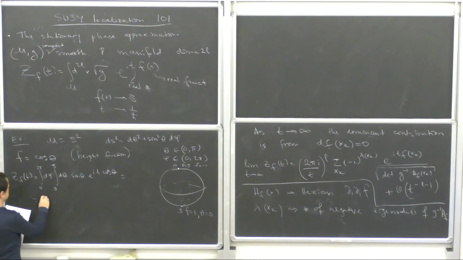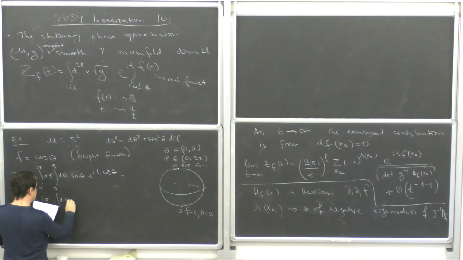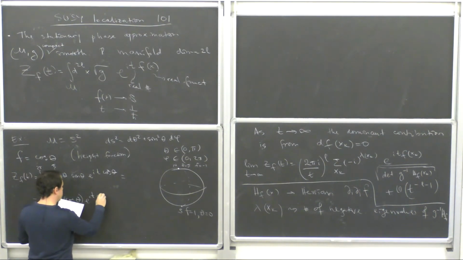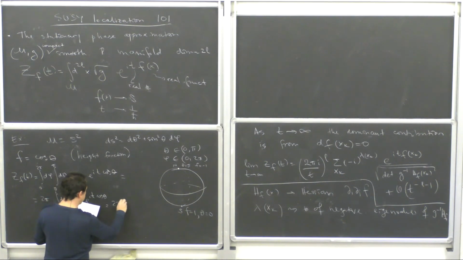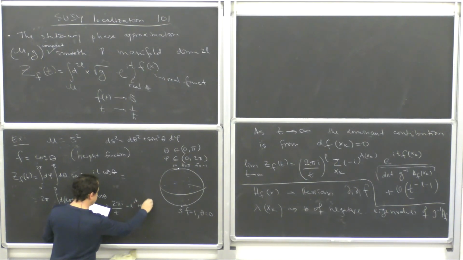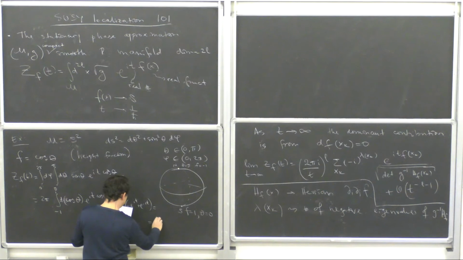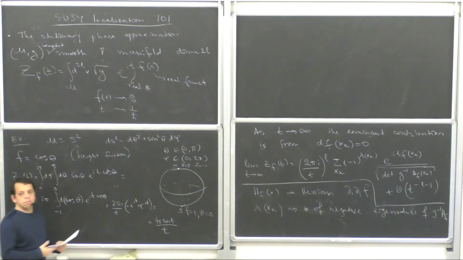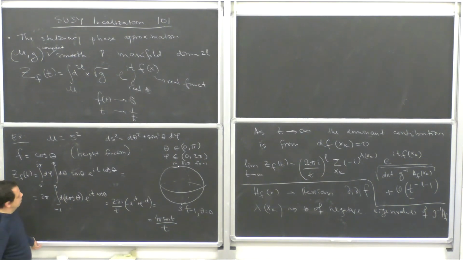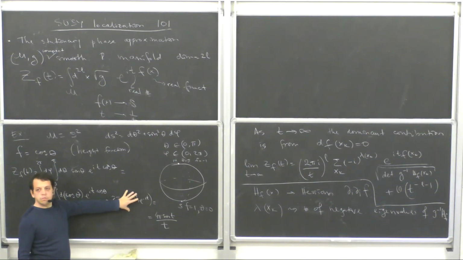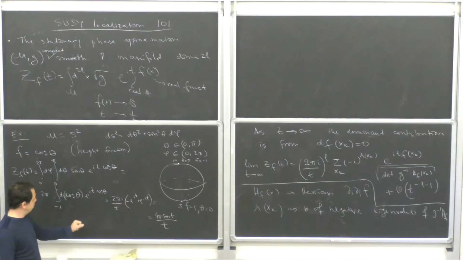Nothing depends on phi, so this gives me 2 pi, and then you get d theta, let's say cosine theta, between -1 and 1. The signs are correct. And then you get 2 pi i over t times minus e to the it plus e to the minus it, which is of course equal to 4 pi sine t over t. All right. So of course I didn't have to write this intermediate formula, but I did to emphasize a point.